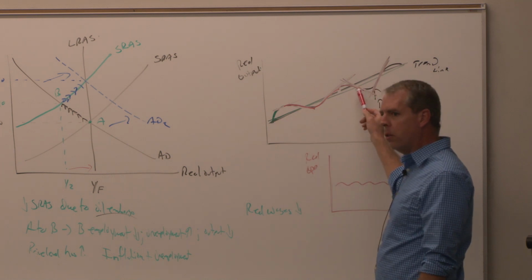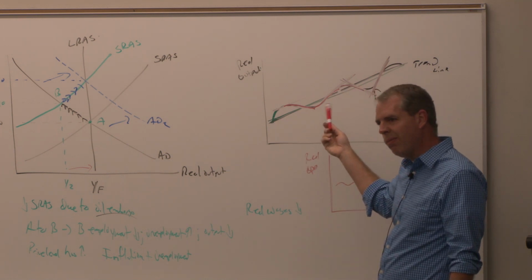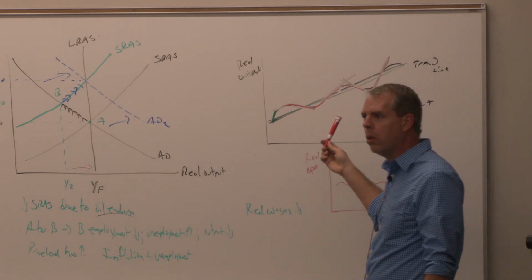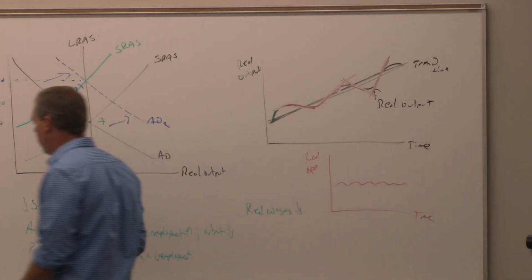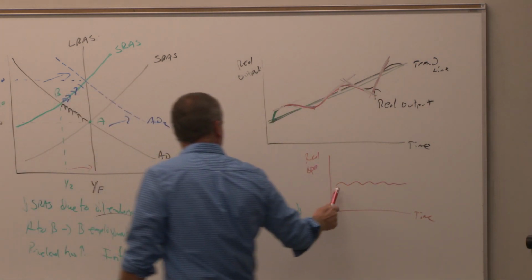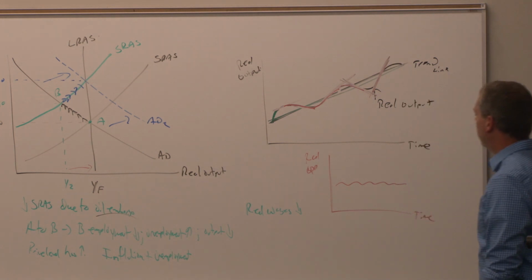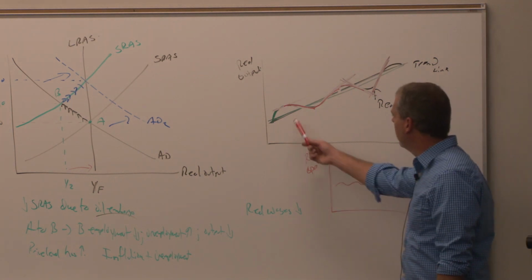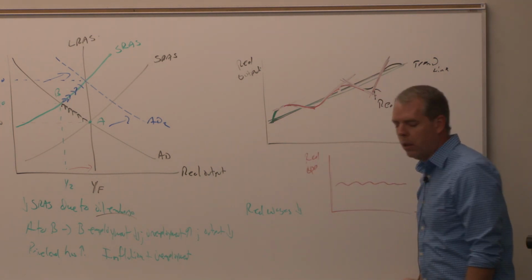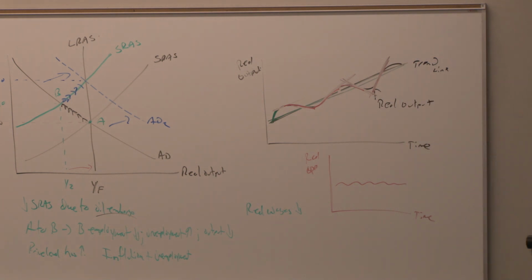This is a relatively new phenomenon. By relatively new, I mean last 300-400 years, right? For most of human history, you had this. Last 300-400 years, it's been doing that.